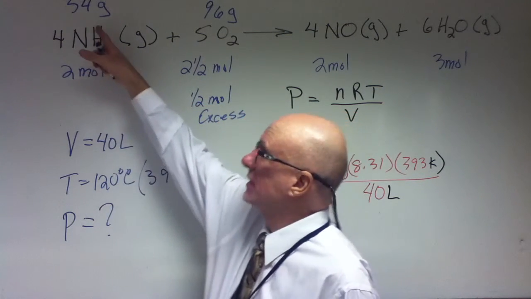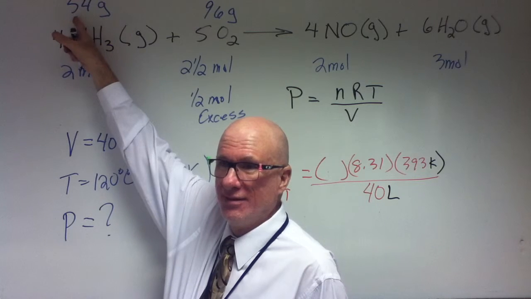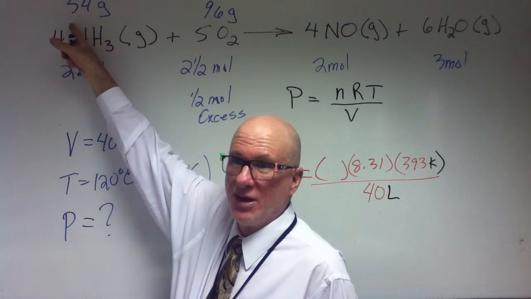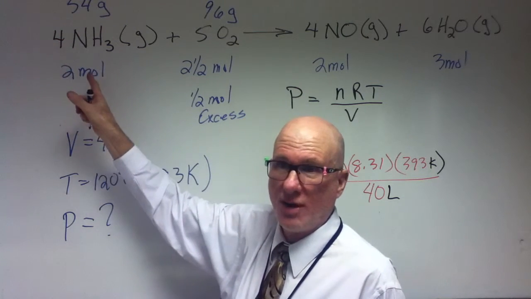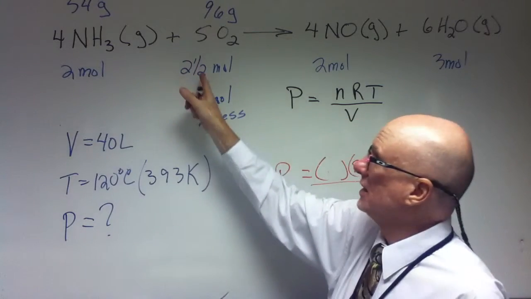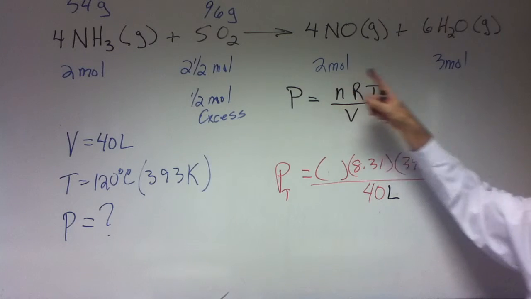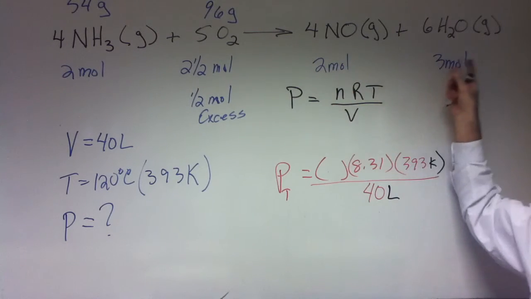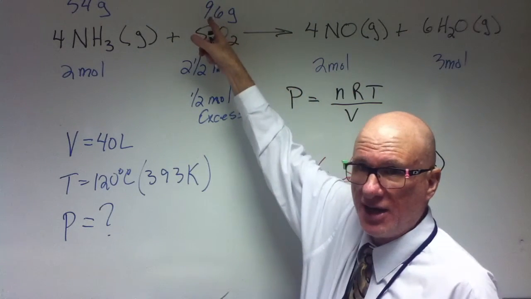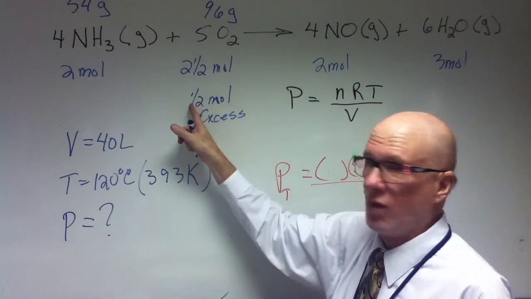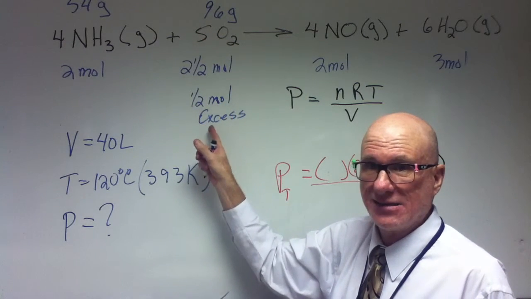You get 34 grams. That makes it easy, because 34 grams is 2 moles. So I'm going to start with 2 moles. We need 2.5 moles of this and 3 moles of this. I'm going to get 2 moles of this and 3 moles of this, so that's 5 moles. But I'm given 3 moles of oxygen, not 2.5 moles. So I have 1/2 a mole in excess.